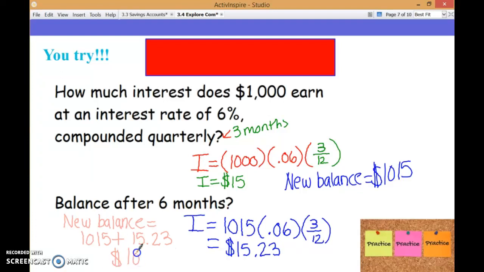So I'm going to have $1,030.23 after 6 months. Hopefully you're starting to catch on to this. We're just going to do a little continuation of this problem on the next slide.